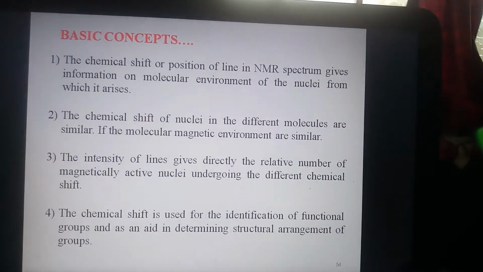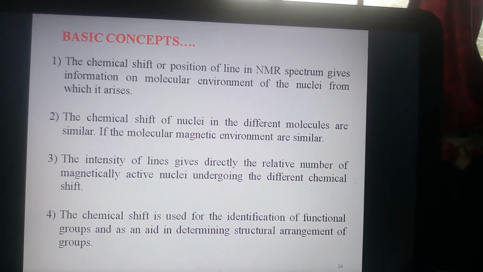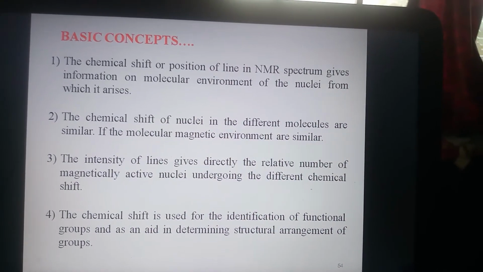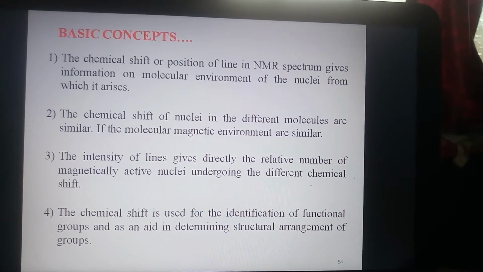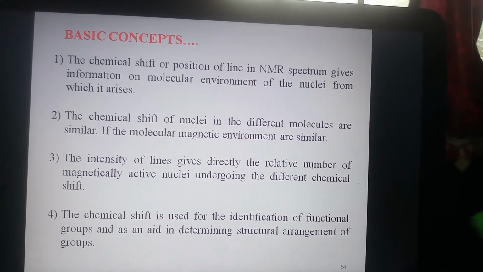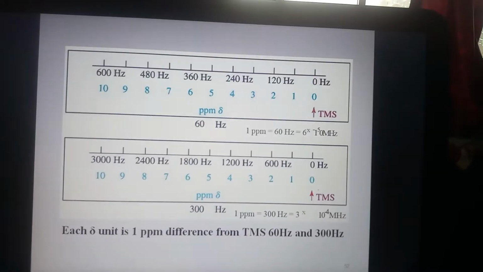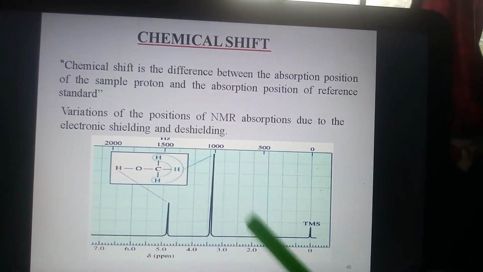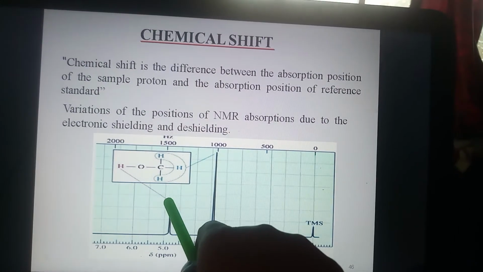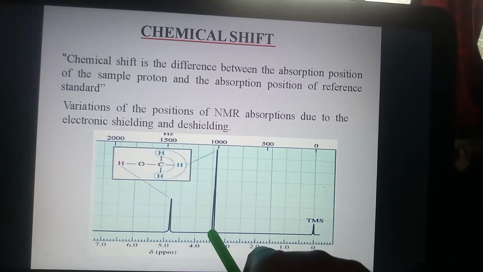The intensity of lines gives directly the relative number of magnetically active nuclei undergoing the different chemical shifts. You have seen in our previous slide, it is for 1 proton and it is for 3 protons.